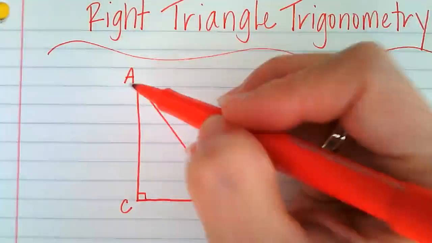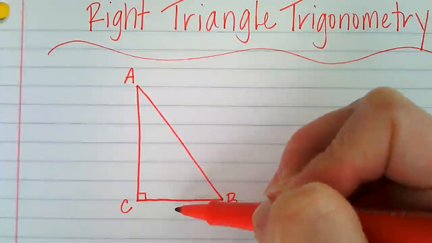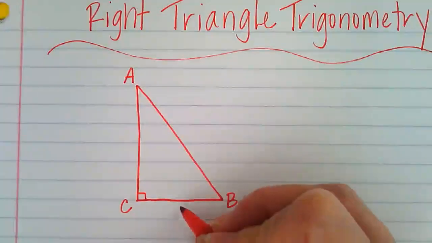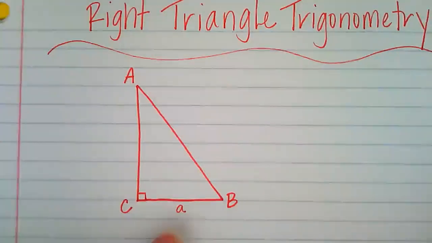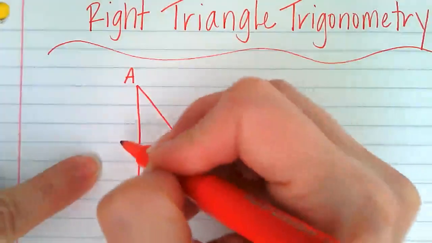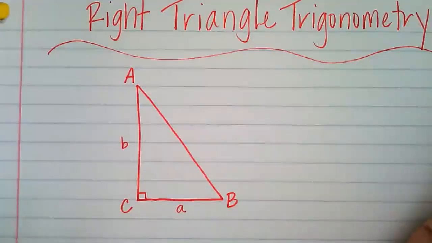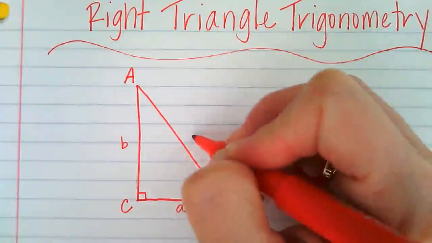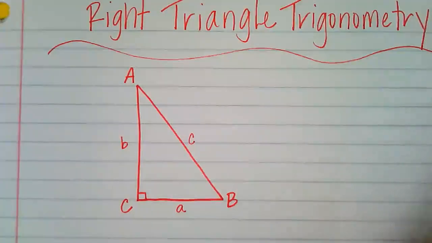And then the side that is across from the angle shares the letter, but in lowercase. So side A is across from angle A, and side B is across from angle B, and side C is across from angle C.